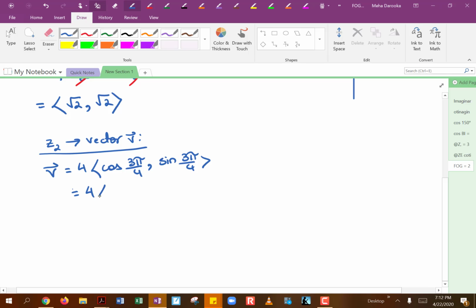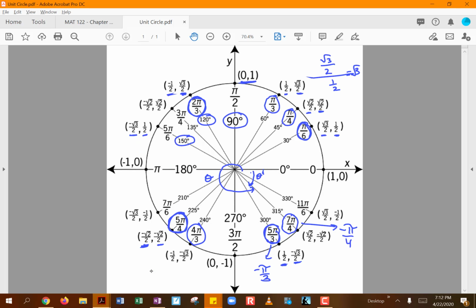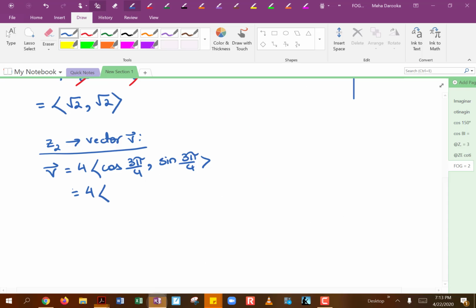Again, cosine of 3 pi over 4 and sine of 3 pi over 4, so that's the 135-degree angle right here. 3 pi over 4 will be negative square root of 2 over 2 and positive square root of 2 over 2 respectively for our cosine and sine. So negative square root of 2 over 2, positive square root of 2 over 2.